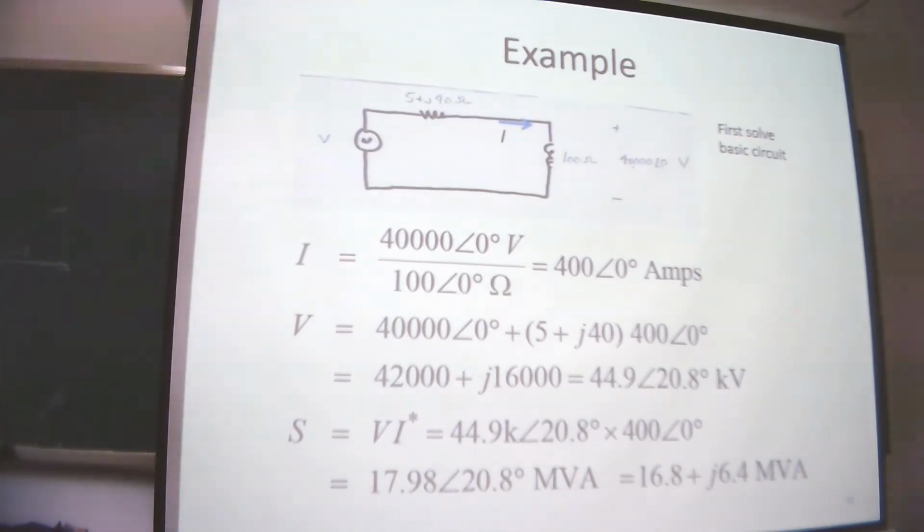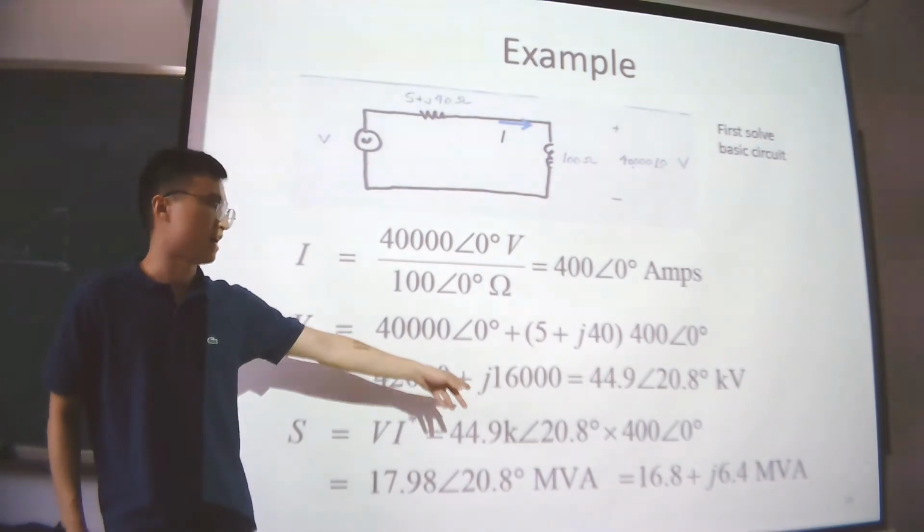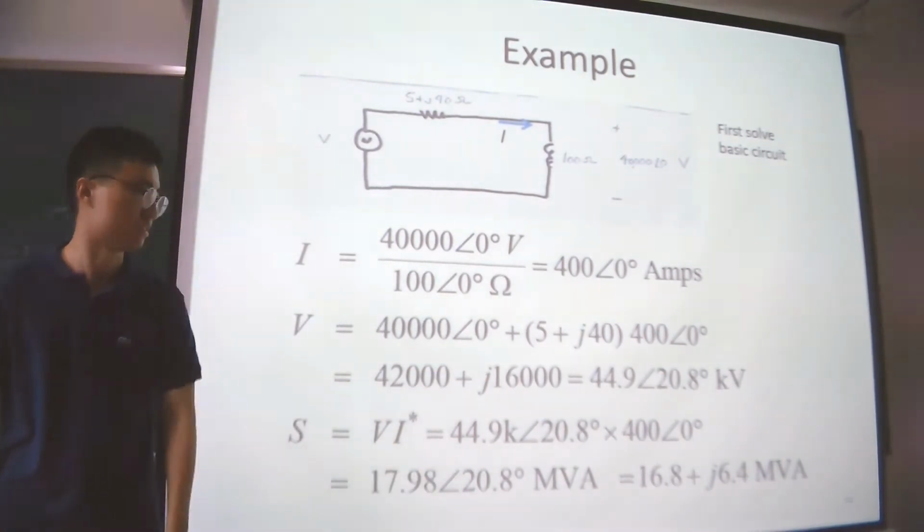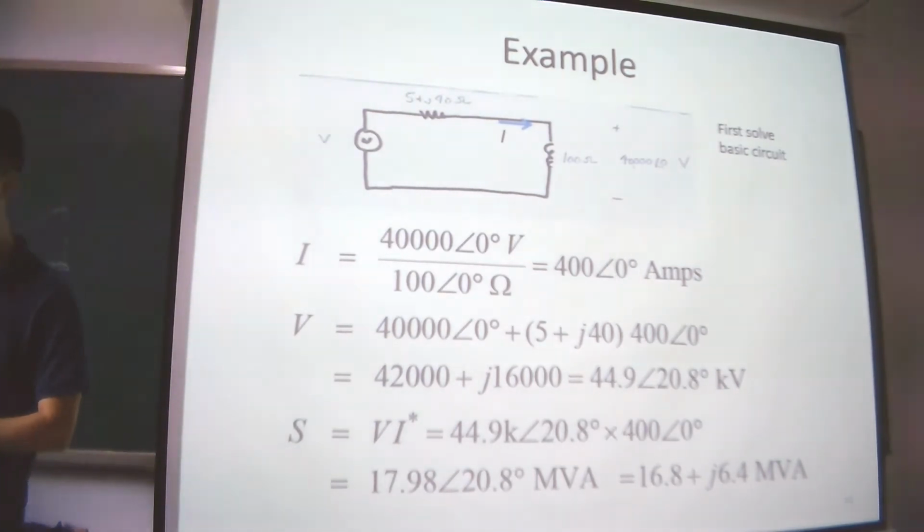And the answer is 220.8 plus 0 is considered this one. Okay, you understand it? Yes, that's right.